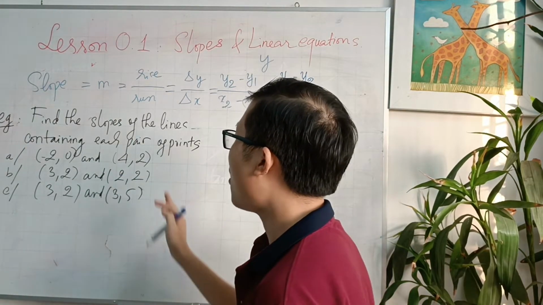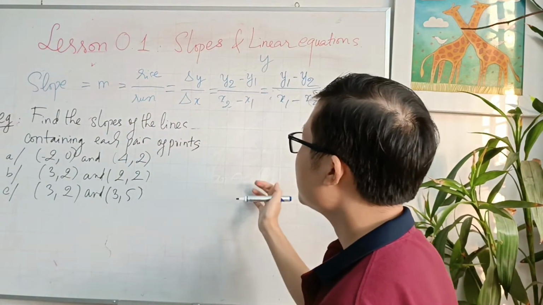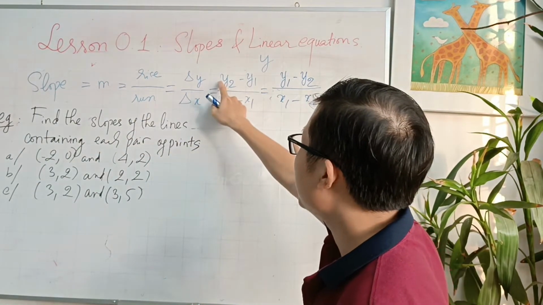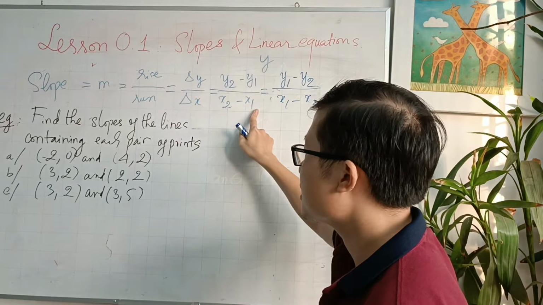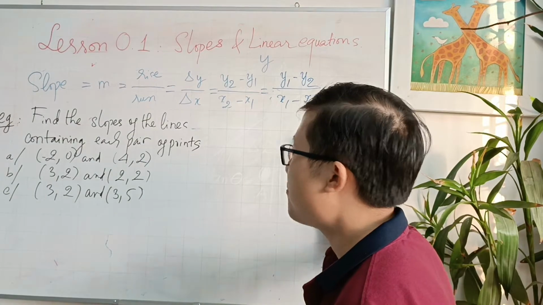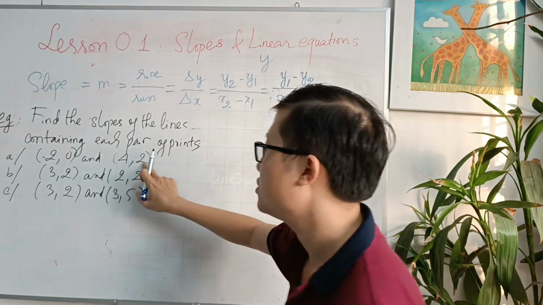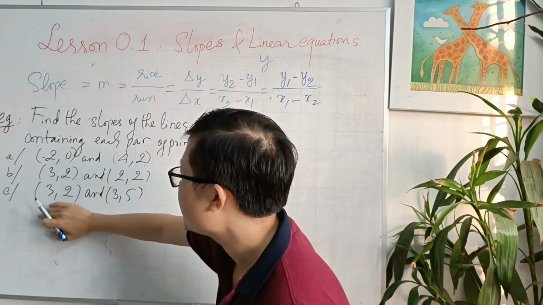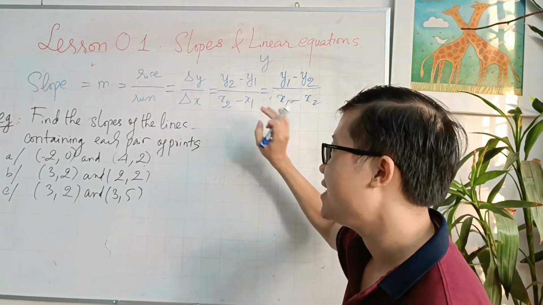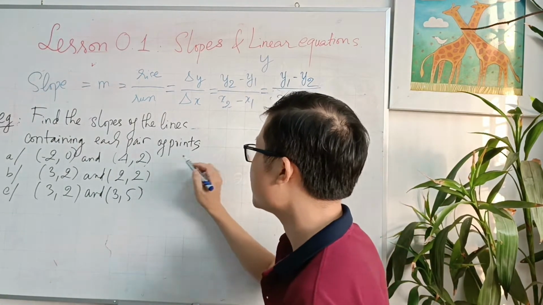When we have a pair of points, we can apply the slope formula easily because in the slope formula we have x1, y1, x2, y2, the x and y coordinates of the two points. It is similar for questions B and C. So we can easily apply the slope formula and do question A very easily.